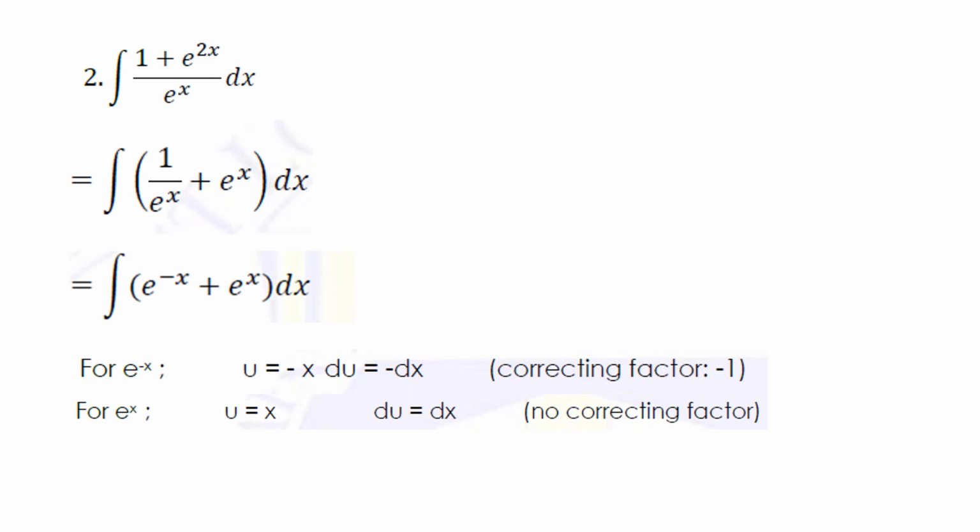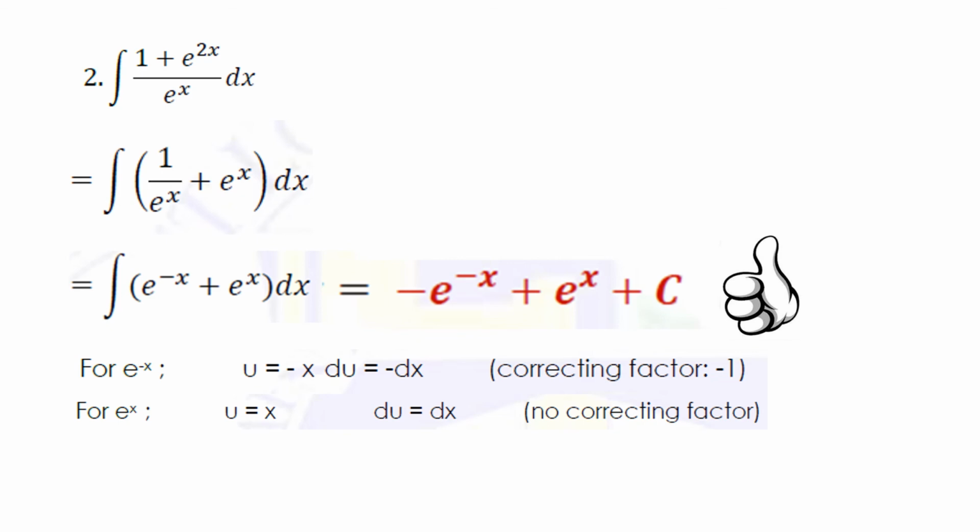From here, we now can apply the formula of the integral of e raised to u du, which is actually e raised to u plus c. So our answer will be simply negative e raised to negative x plus e raised to x plus the constant of integration c.